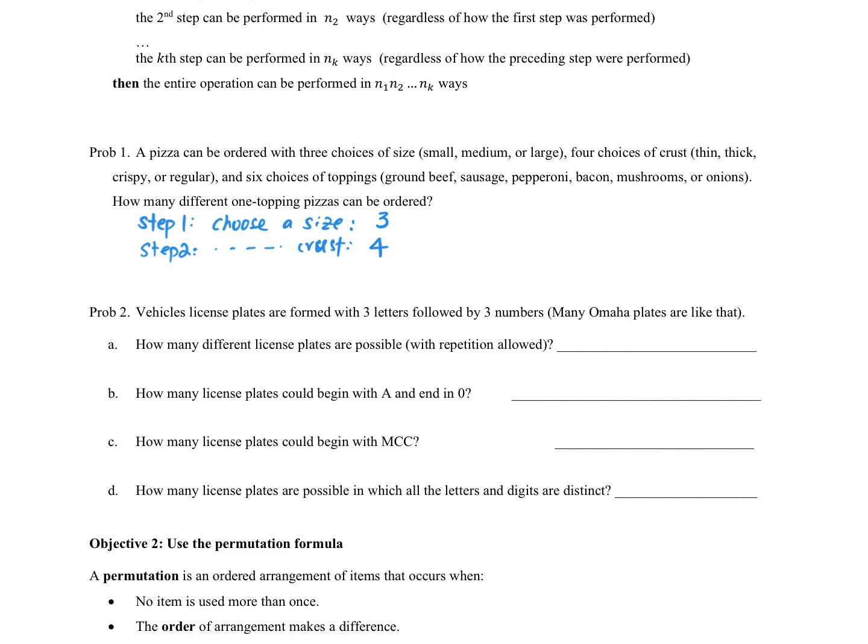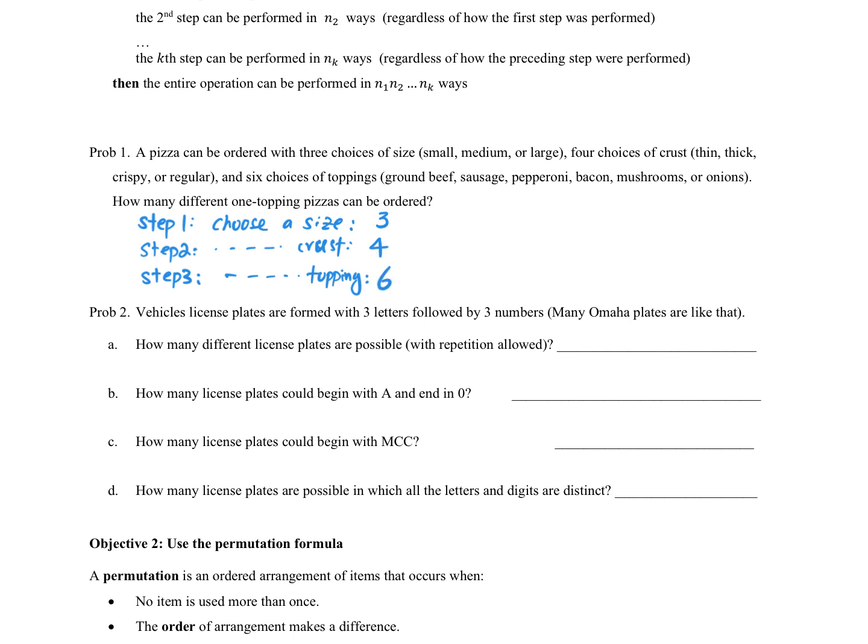And step 3, you're gonna choose a topping. And how many ways can you choose a topping? I think there are 1, 2, 3, 4, 5, 6 ways to do that, regardless what size you choose, what crust you choose. So there are 6 different ways to do that.